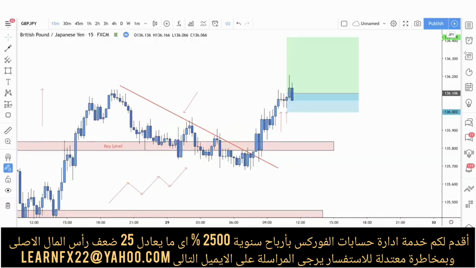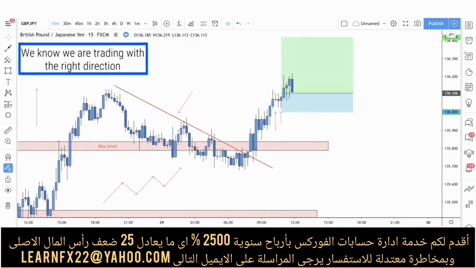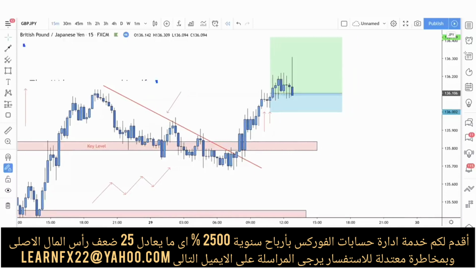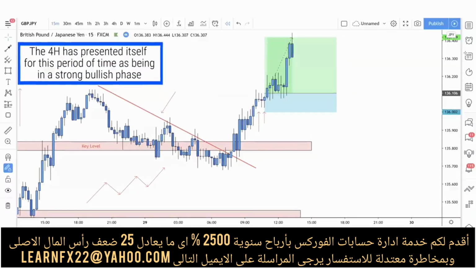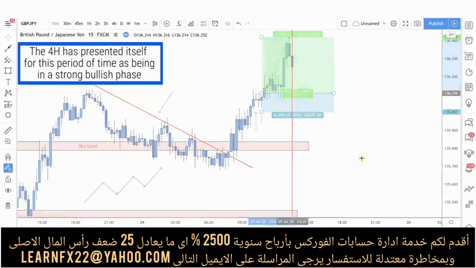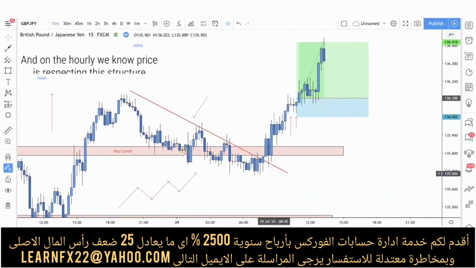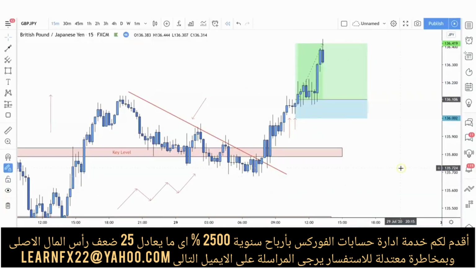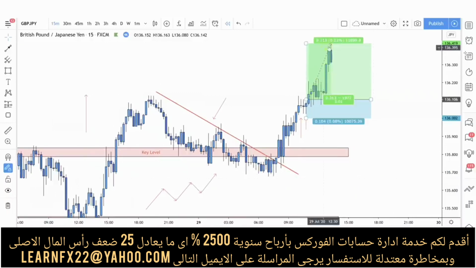Now, the thing with this trade is that we know we're trading with the right direction because the trend is up. We also know that the 4H has presented itself for this period of time as being in a strong bullish phase. And on the hourly, we know price respected this structure. Now, maybe I shouldn't have spoken through that so we could really get a good feel for this take profit.